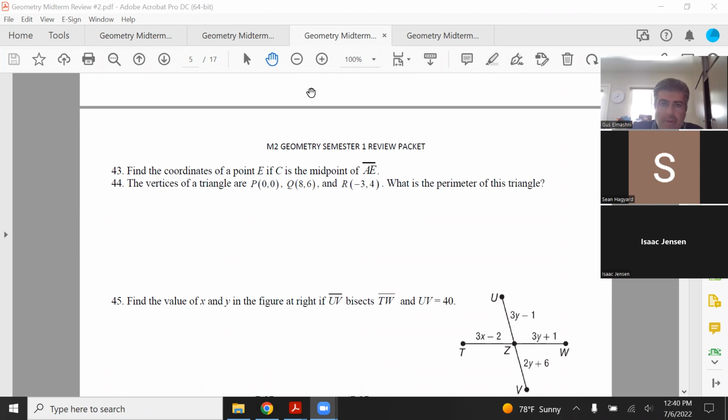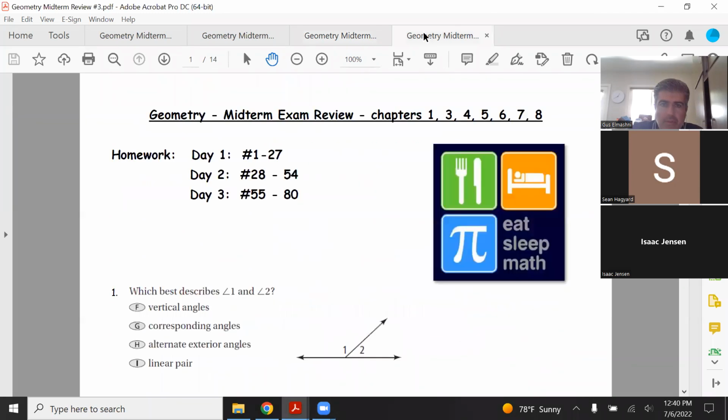Now let's talk about the third midterm review. I went ahead and crossed off some problems, and I'll tell you which ones are not okay, but I'll still put these up in Schoology as an update.